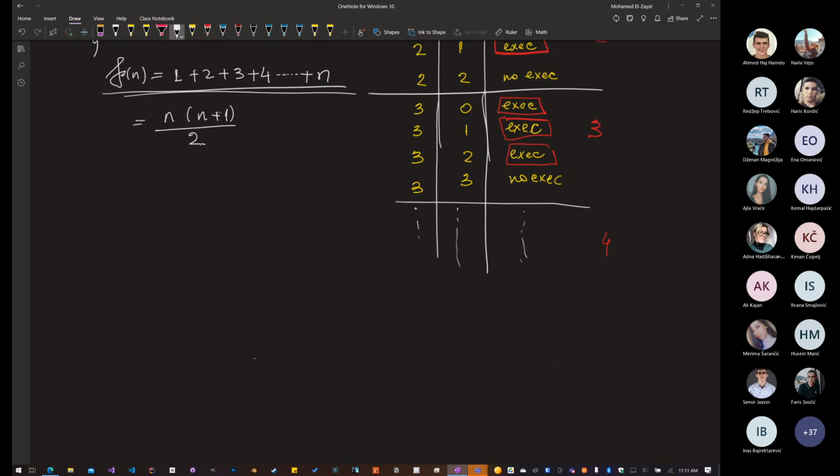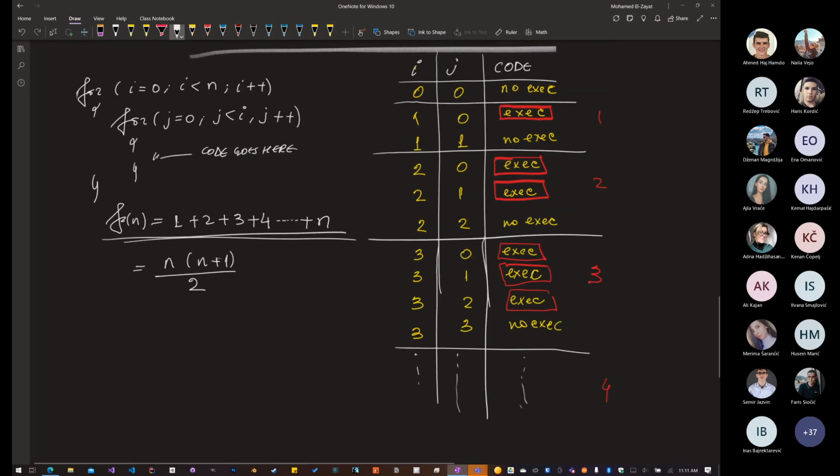This is the sum of the natural numbers because you are running this once, then 2, then 3, then 4, and you are just adding up the executions. The first loop you are running it 0 times, then the next loop 1, then twice, then 3 times. Every loop you keep adding the number of executions.